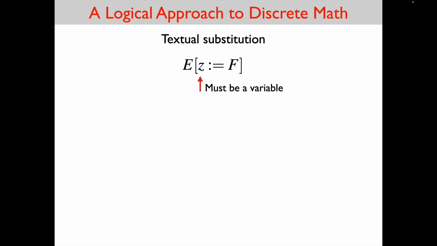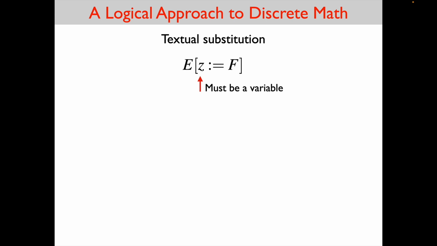And the key idea that students frequently misunderstand is that lowercase z must be a variable. Remember, the uppercase letters are Boolean expressions, and the lowercase letters are variables, and that z, which is replaced by f, must be a variable.